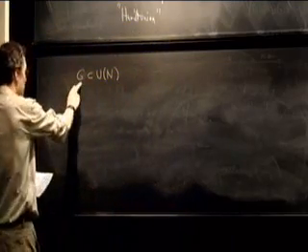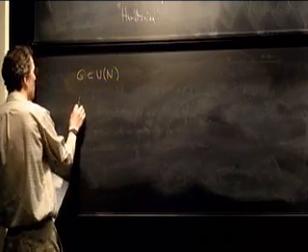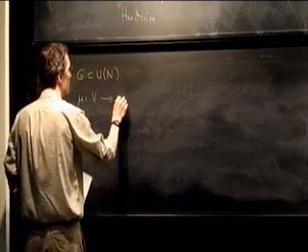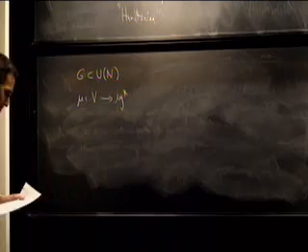Then I can restrict to these motions, and then mu, when I restrict to those motions, gives me a map from V into G dual.